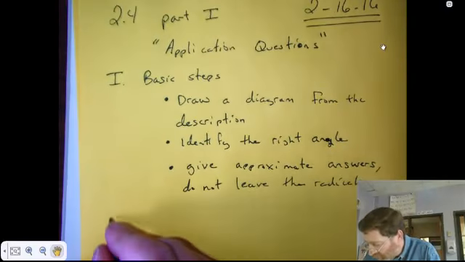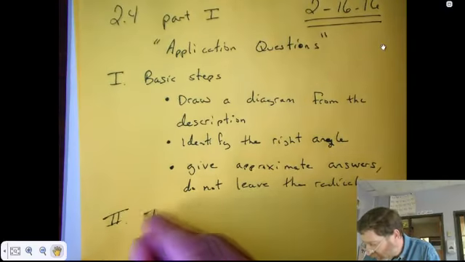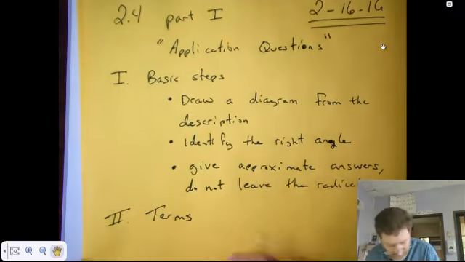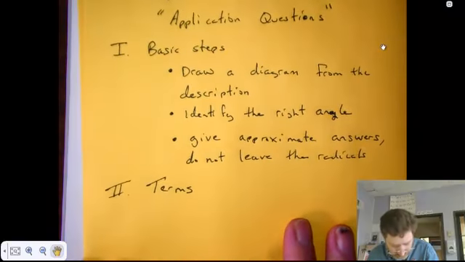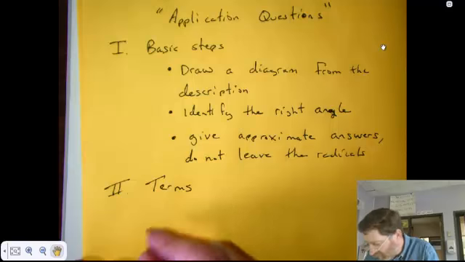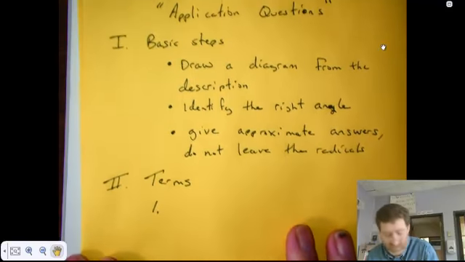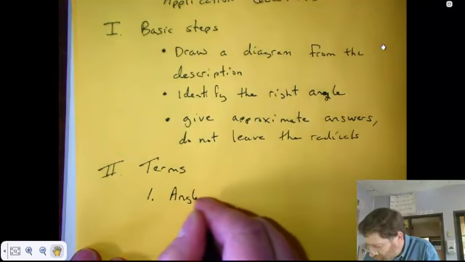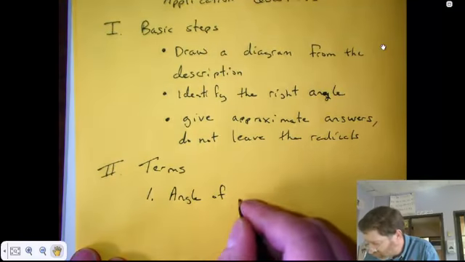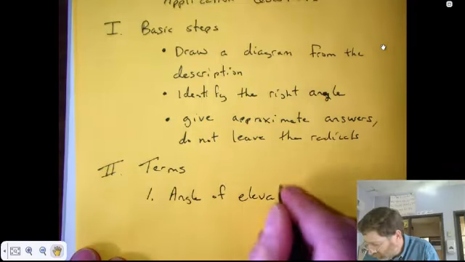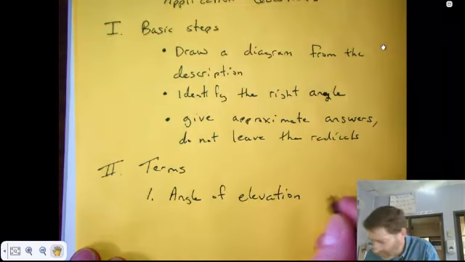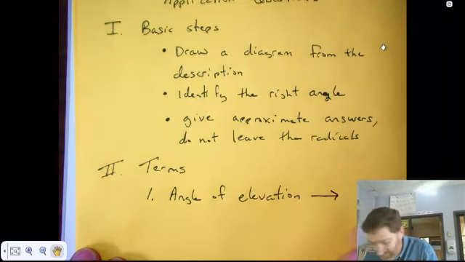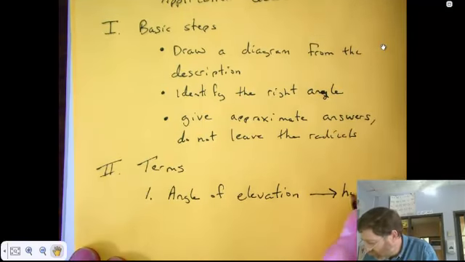There are a couple of terms that come up in these questions that you should understand the definitions of. The first one is what's called the angle of elevation. That implies that you go from the horizontal up.